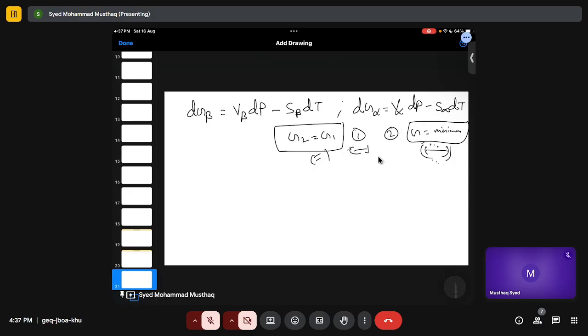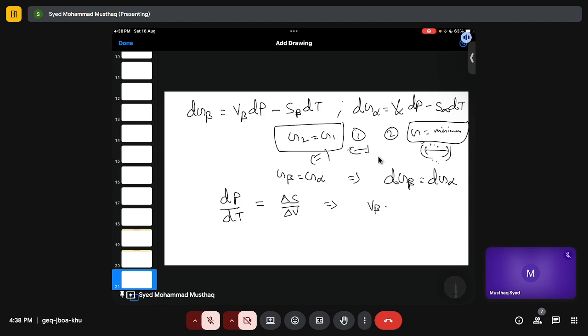Now that means G beta will be equal to G alpha. If you differentiate both sides, it will be dG beta equals dG alpha. Simple. Now in order to equate, I will just write it: dP by dT will be equal to delta S by delta V. Now what is delta V?